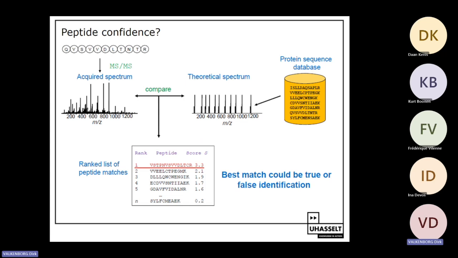Maybe this 3.3 is indeed a bona fide finding, but it might be possible that there are two peptides in this acquired spectrum, and that this second peptide should also be considered. Or maybe the score of 3.3 is indeed the highest ranking peptide, but 3.3 is not good enough as an explanation for this spectrum.